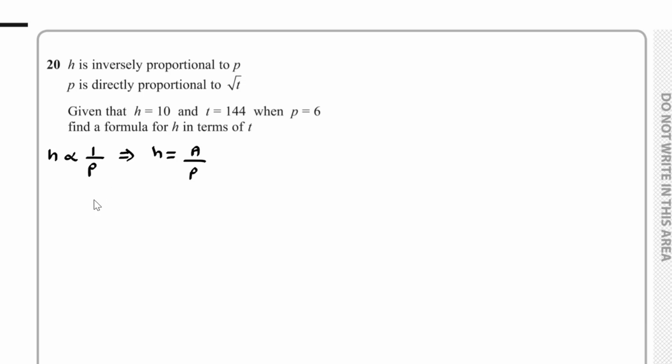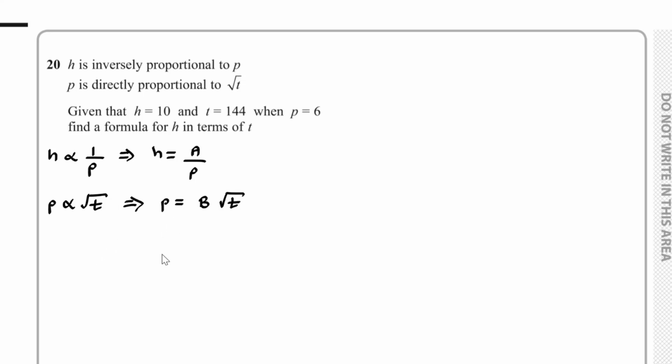And if we know that p is directly proportional to the square root of t, in other words, p is equal to some constant, we'll call that b, lots of the square root of t.